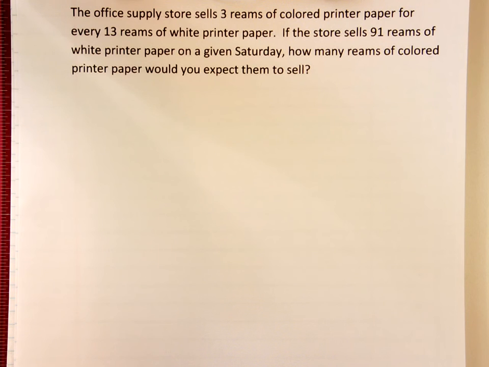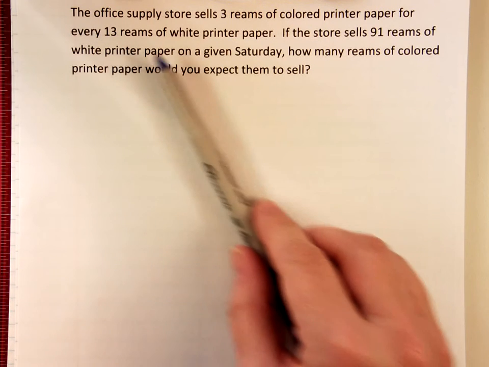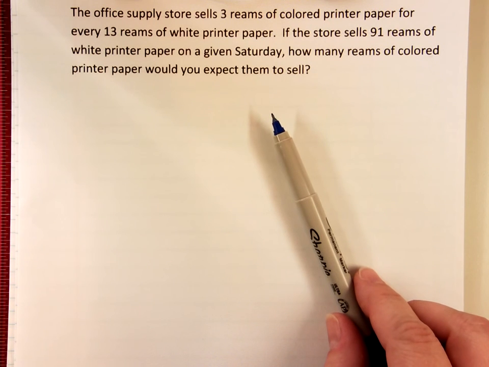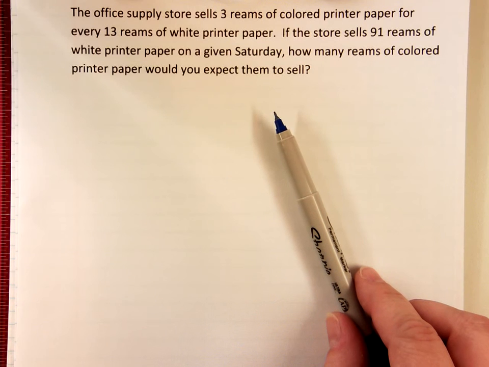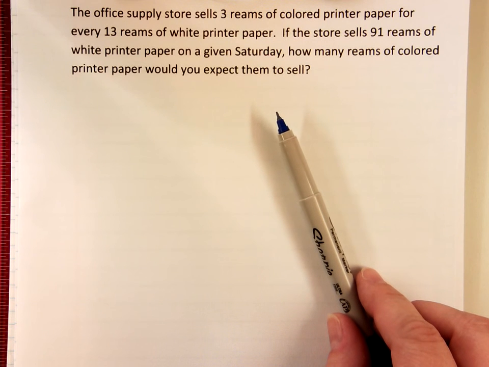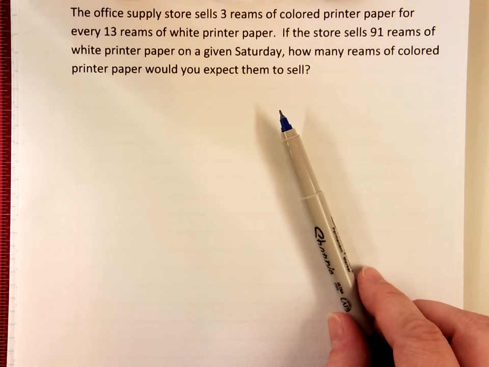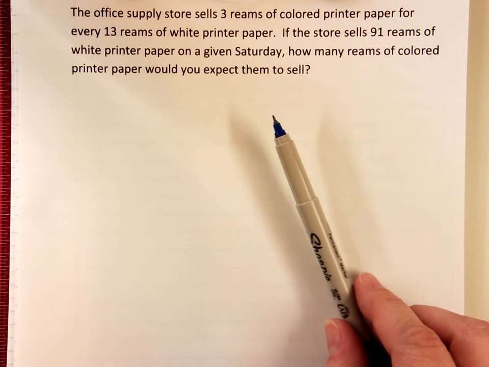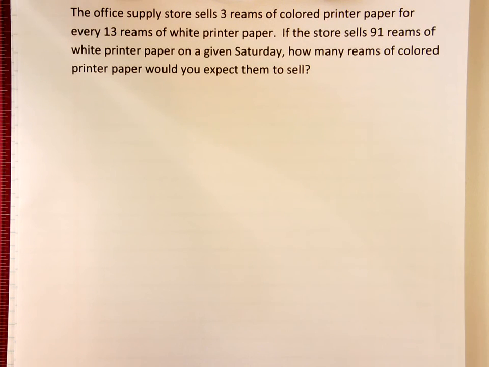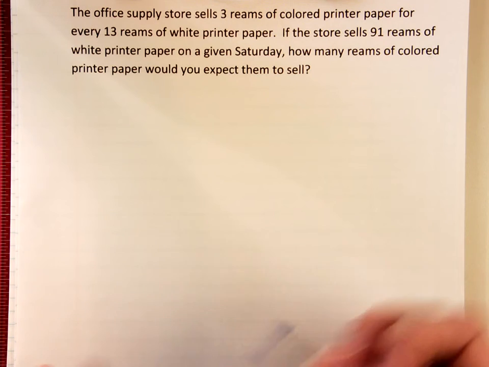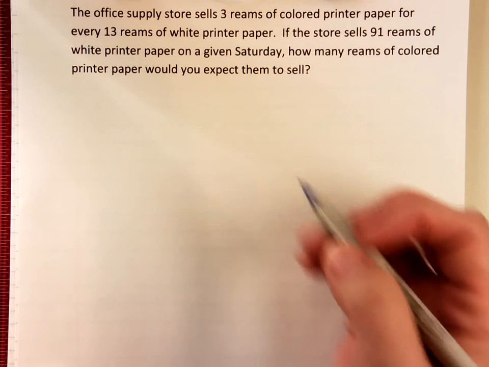The office supply store sells 3 reams of colored printer paper for every 13 reams of white printer paper. If the store sells 91 reams of white printer paper on a given Saturday, how many reams of colored printer paper would you expect them to sell? This time as I reread, I'll make note of any important numbers and units.